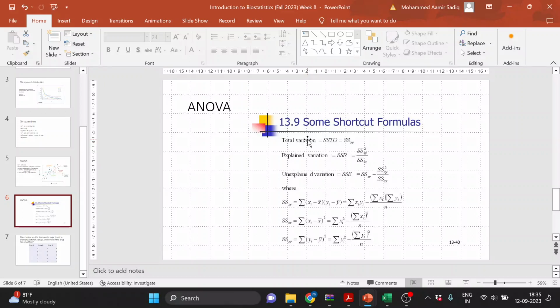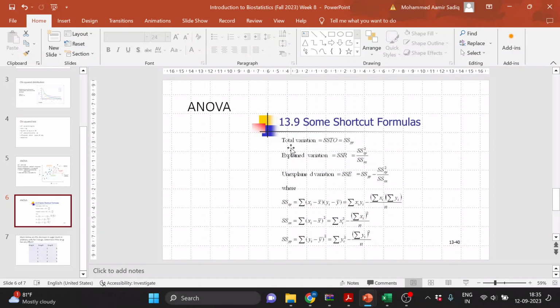These are formulas. Total variation, SSY, is given by the sum of y minus y bar the whole squared, and there is a shortcut formula for that, and for SSX and SSY. If you have these three terms and you have x bar and y bar, you can calculate everything.